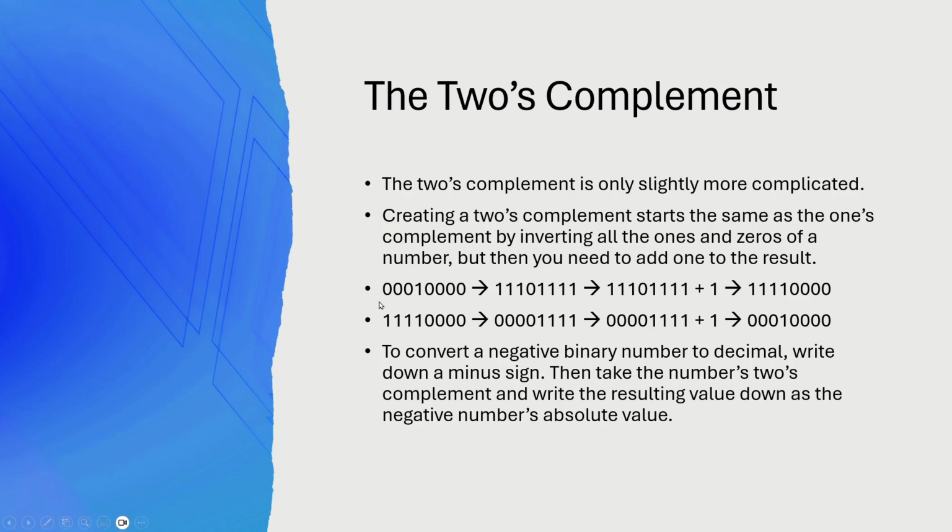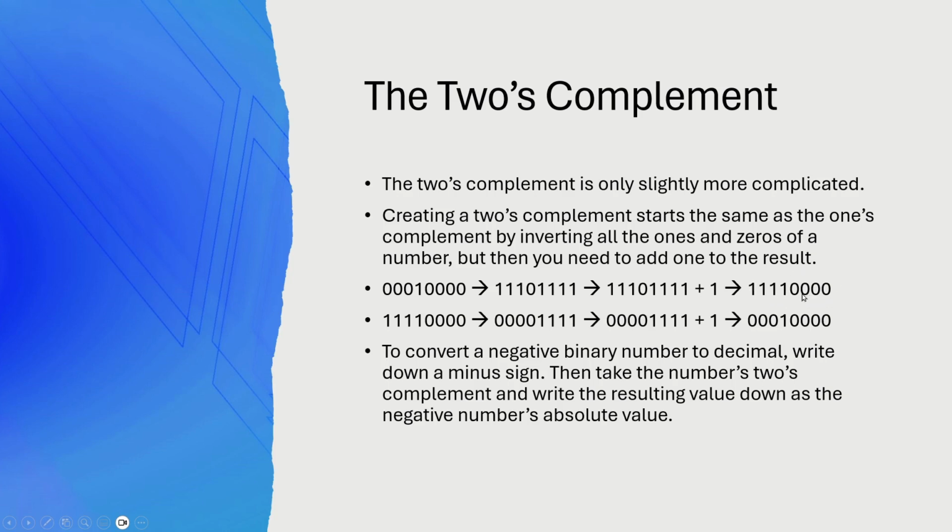A couple of examples here. 0001 0000, which is the number 16 as we saw before, is inverted to be 1110 1111. And then you add 1 to that: 1110 1111 plus 1, and through normal addition you get 1110 0000.